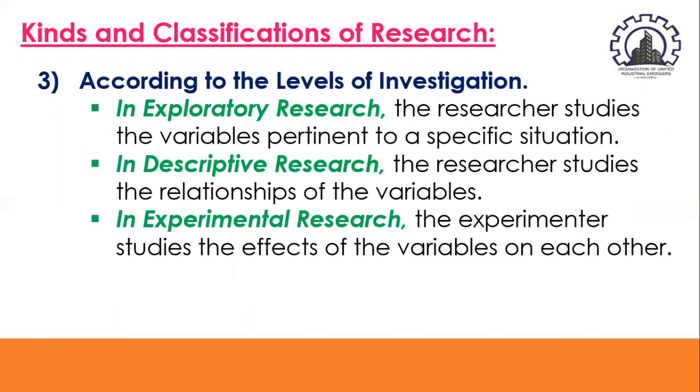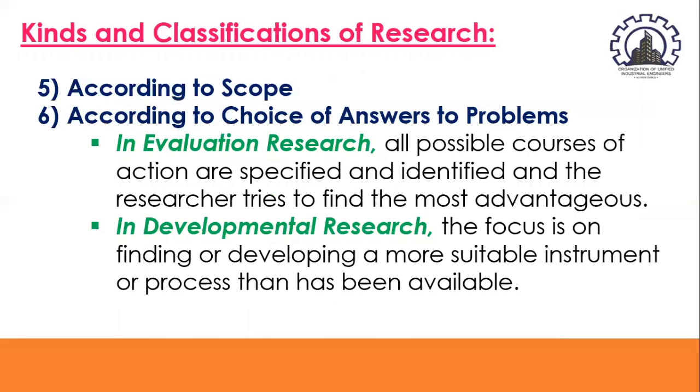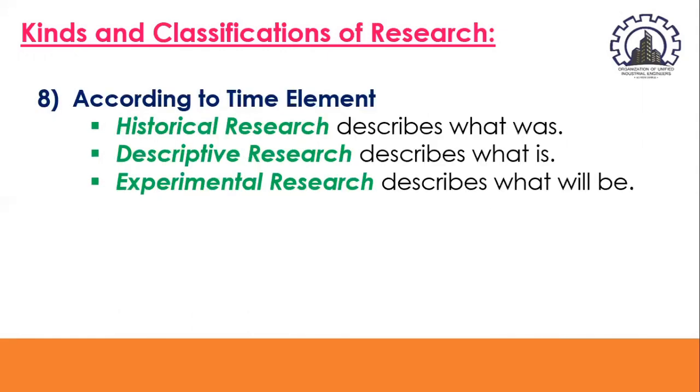Third, according to levels of investigation. Fourth, according to the type of analysis. Fifth, according to scope. Sixth, according to choice of answers to problems. Seventh, according to statistical content. Eighth, according to time element.